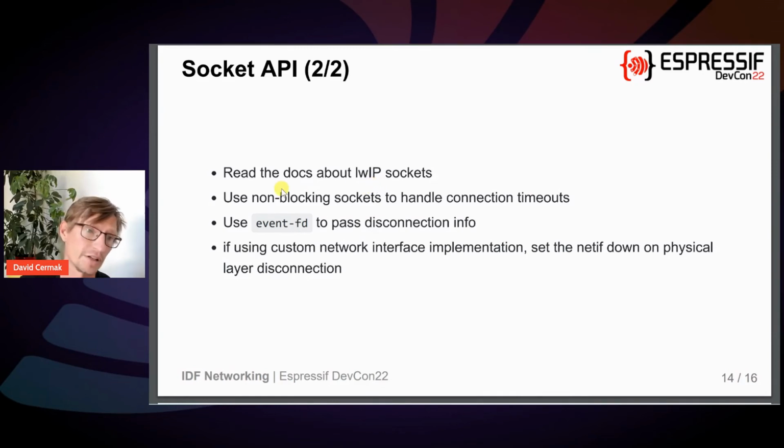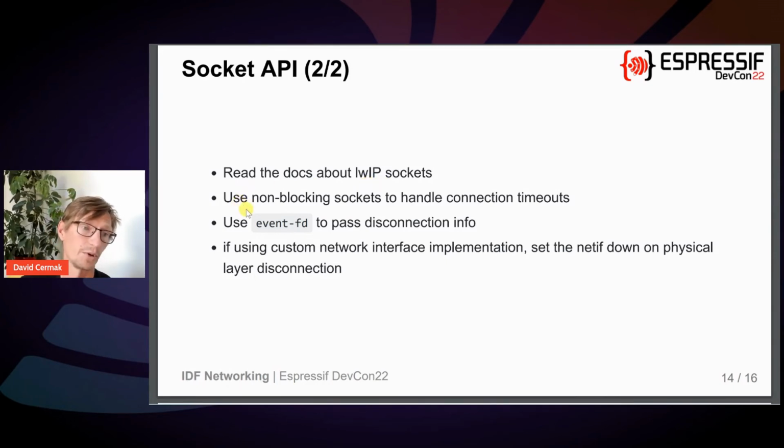Please read the documentation in the IDF docs about LWIP. It's pretty well described. There are certain differences, mainly related to closing sockets from another thread, shutting down sockets, and others. I've already mentioned the connection timeout.